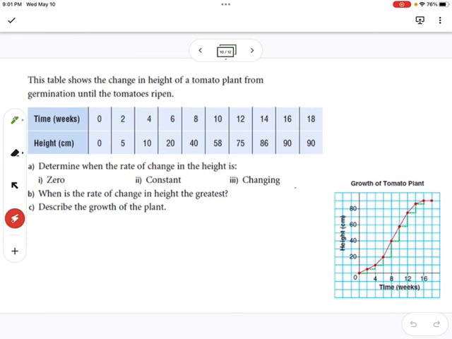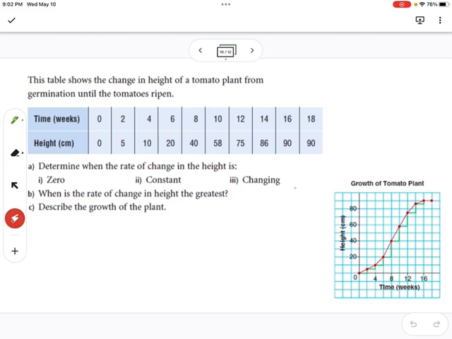Okay, so the table shows the change in height of a tomato plant from germination until the tomatoes ripen. So we have time in weeks and our height in centimeters. So determine when the rate of change in the height is 0, constant, and changing.